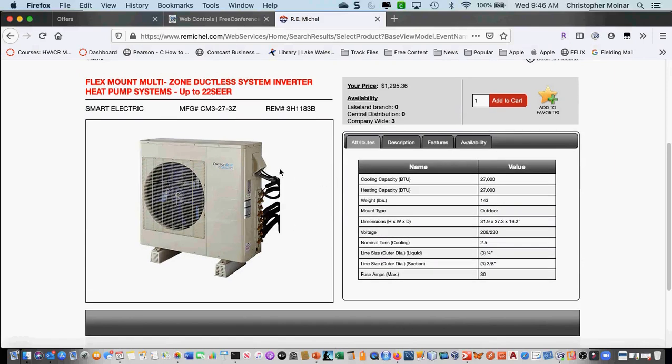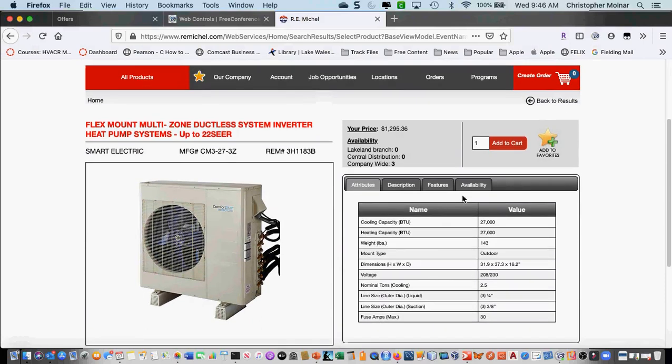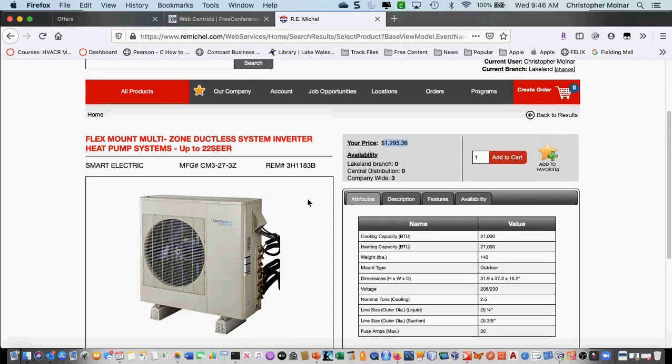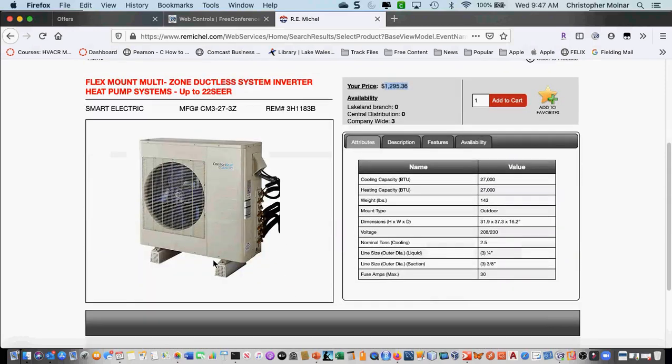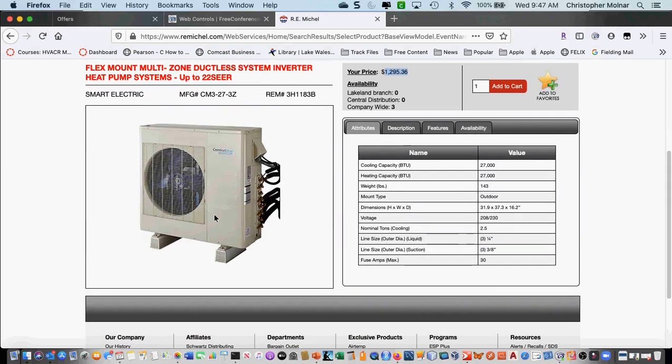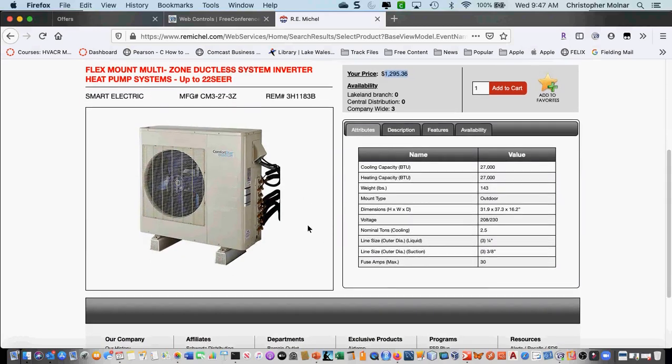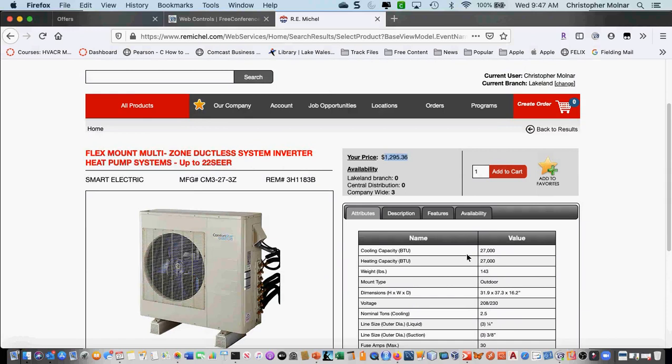It can handle up to, I think, and it's priced out at $1,295 cost. That's the heat pump too. Mine only does air conditioning. The one I'm looking at is the heat pump. Now, along with this outdoor unit, you have to buy the number and types of indoor units you want to go with it.